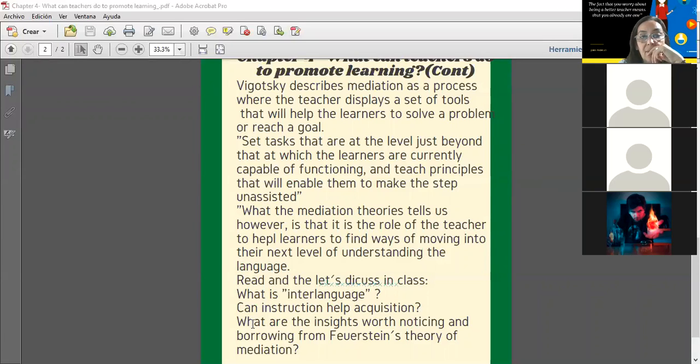Then, what do we mean by enable the students to make the step unassisted? Are we supposed to leave our own students to their own devices, all alone coping?